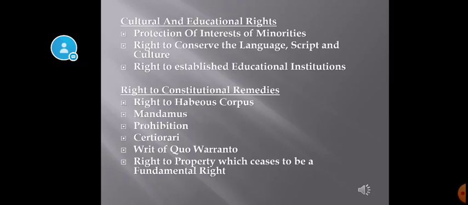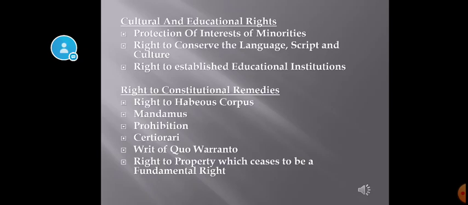The Constitution empowers the High Courts also to issue writs or orders for the enforcement of any of the rights. The writ is a legal document ordering the performance of some action. Writs act as a check on arbitrary actions of the state.